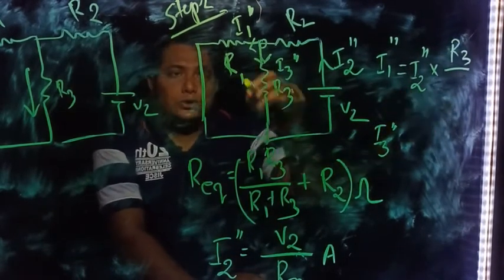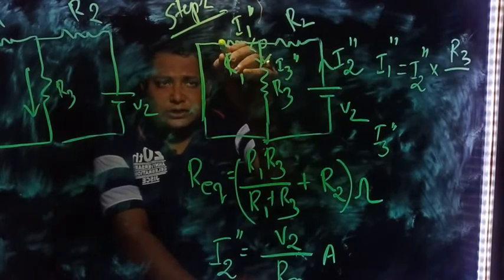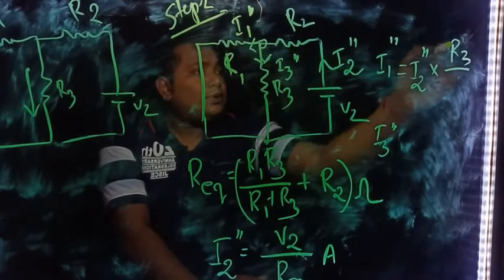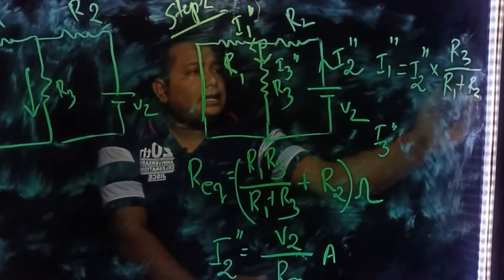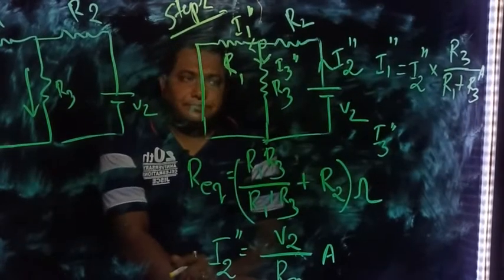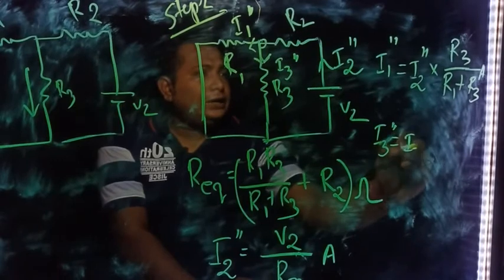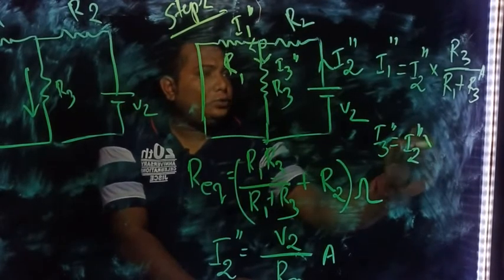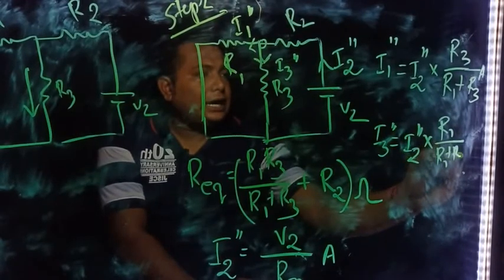These two are in parallel, so the component over here is divided by the summation of R1 plus R3. This is in ampere. Like this way, I3 is equal to I2 double bar times R1 by R1 plus R3 in ampere.